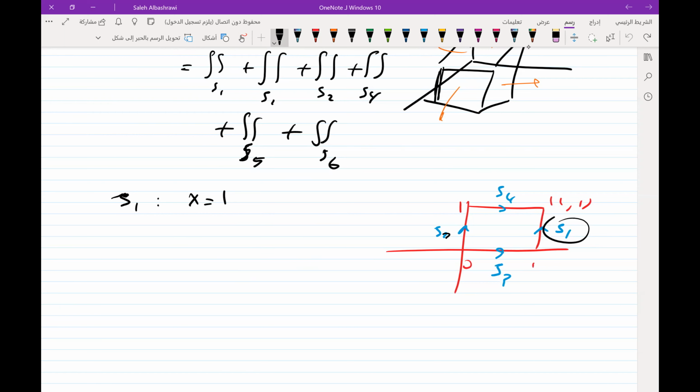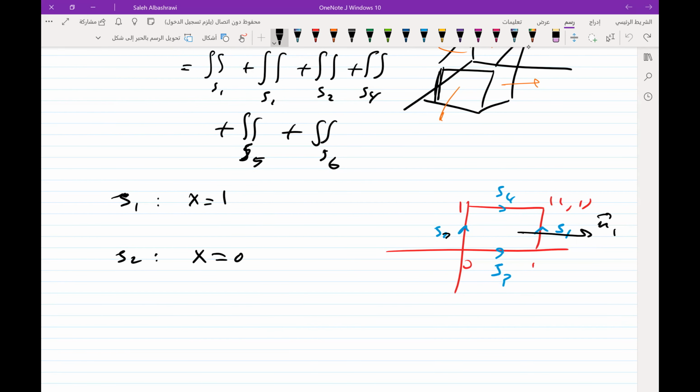For S2, x equal to 0. These two sides correspond to the first face and the second face in the cube. Now for the normal vector getting out from S1, we call it n1.